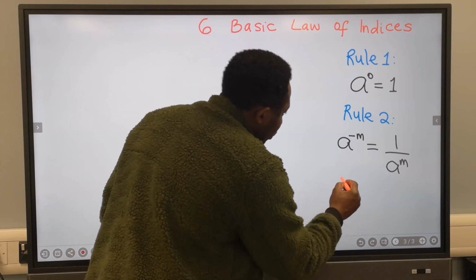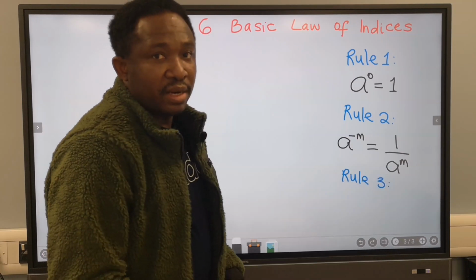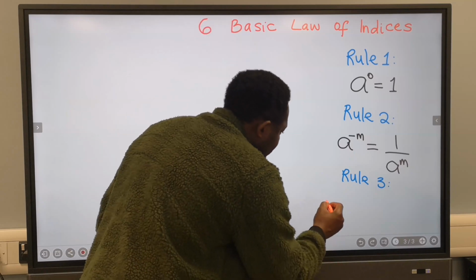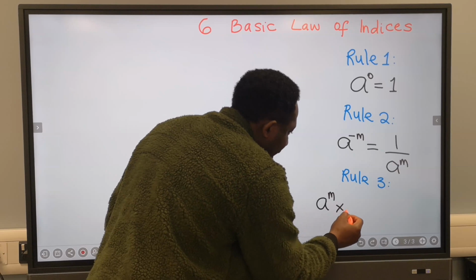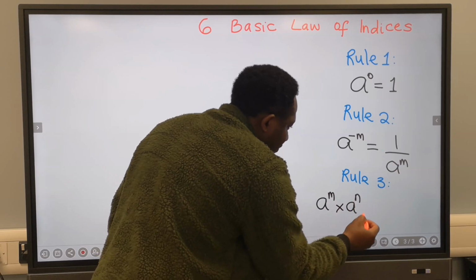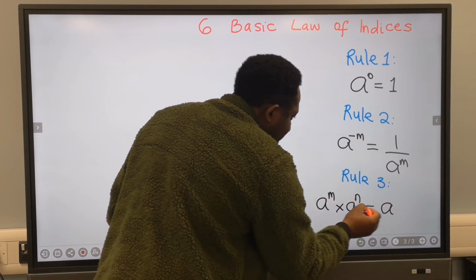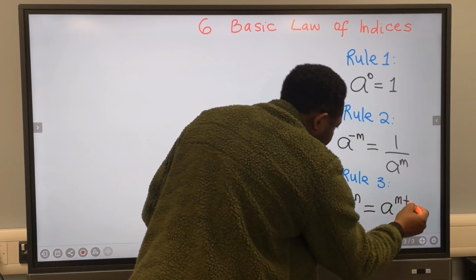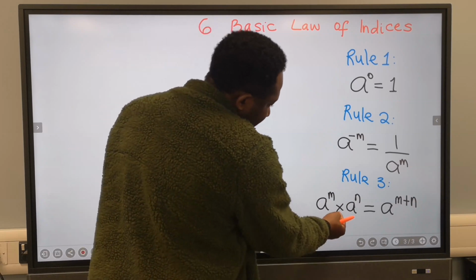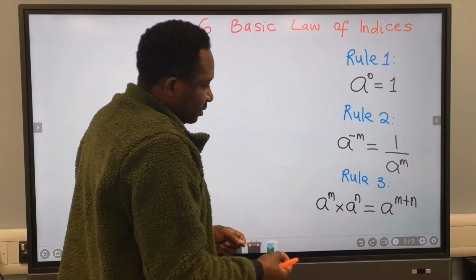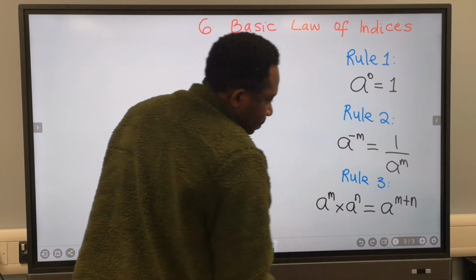Next, let's consider rule number 3. The third rule states that a to the power of m multiplying a to the power of n is a, and I will add the powers, m plus n. This is like taking this multiplication sign and turning it 45 degrees to become a plus.